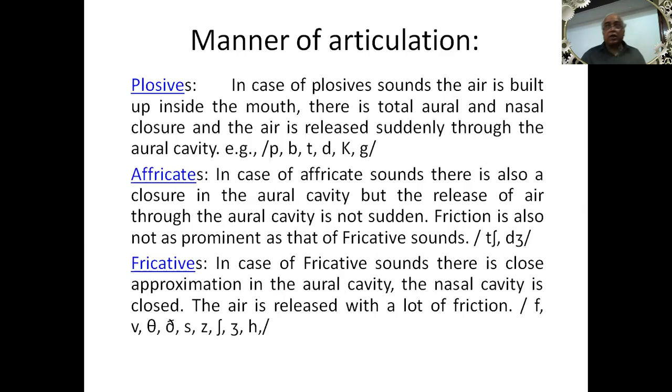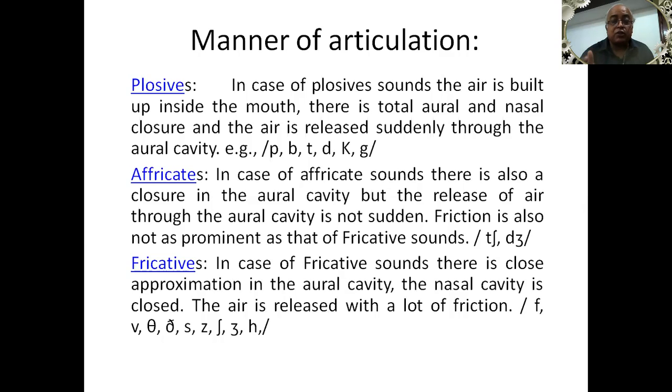Now, before we really come to the consonant sounds, let's look at the manner of articulation. In case of plosives, the air is built up inside the mouth. There's a total oral and nasal closure, and the air is released suddenly through the oral or the nasal cavity.